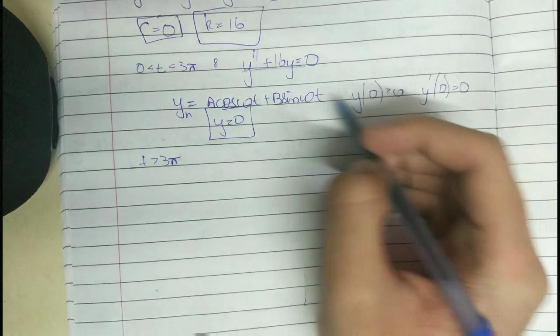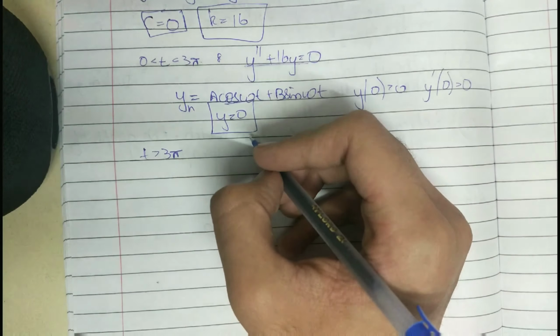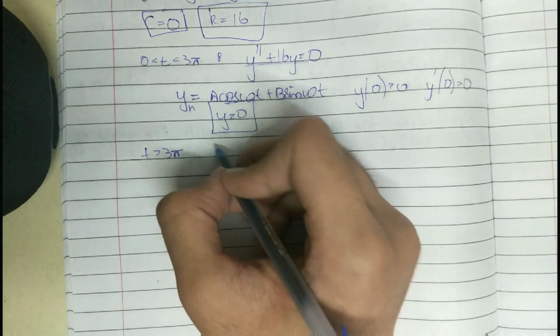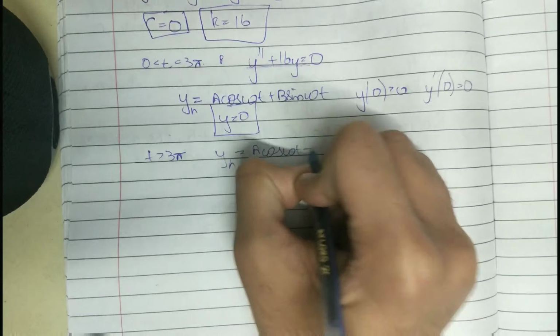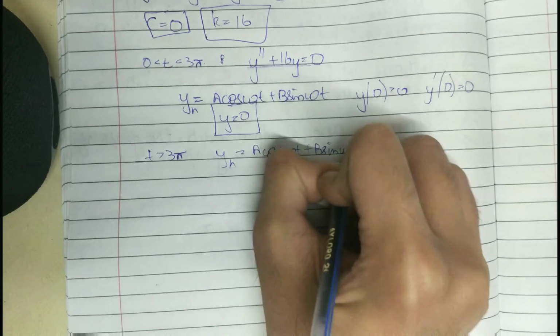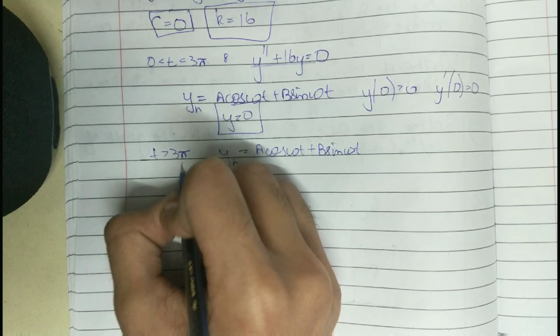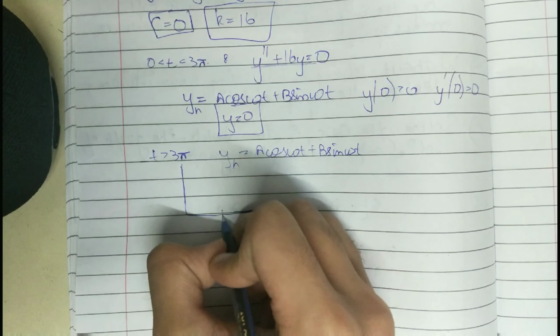Now the motion would start, and therefore we would have the solution as a superposition of a cos graph or a sine graph, right? So we could have either of the two after 3 pi.